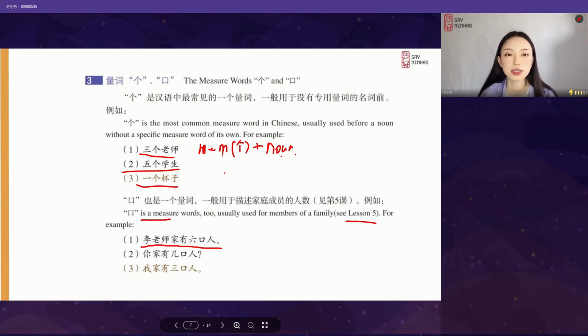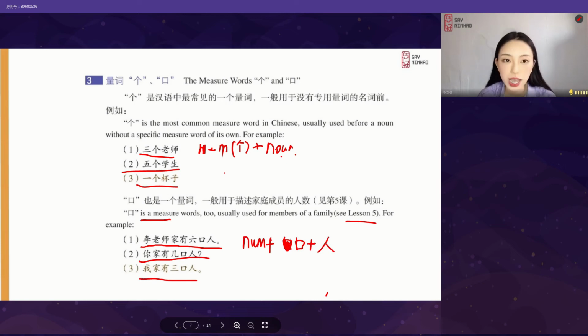So there are 6 people in teacher Li's family. Next one, 你家有几口人? It means how many people are there in your family? We can see there is the number plus the 口 plus the 人, 几口人, how many people?